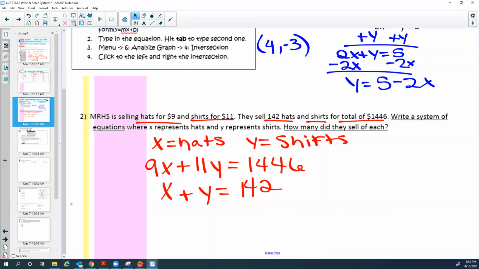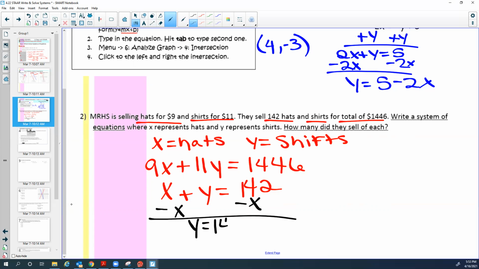So what is it that I can do now? I can go ahead and solve both of those for y so I can graph both equations. For the bottom one, all I need to do is subtract x from both sides, and my equation is now y equals 142 minus x.